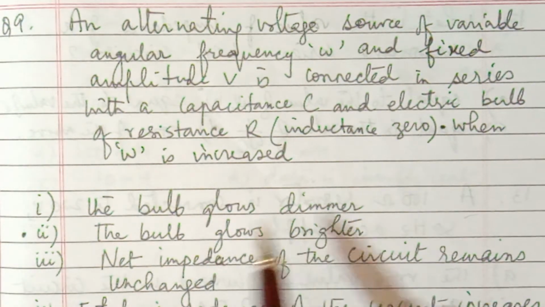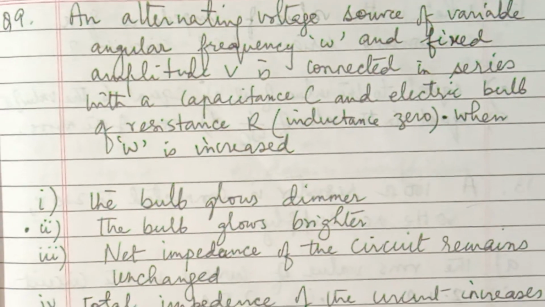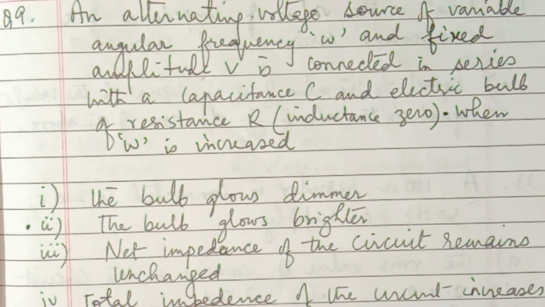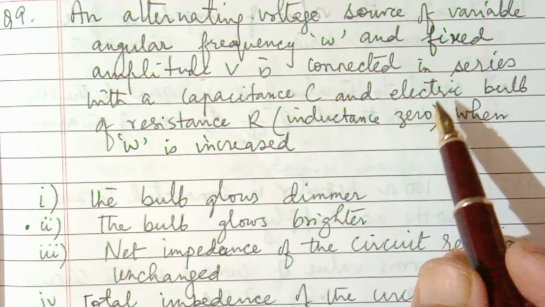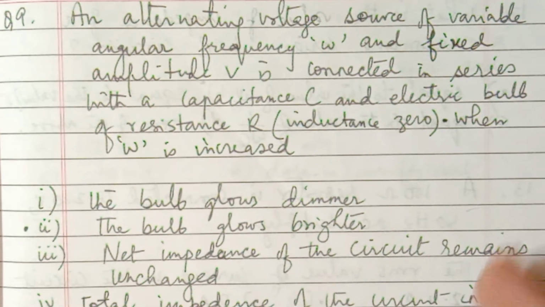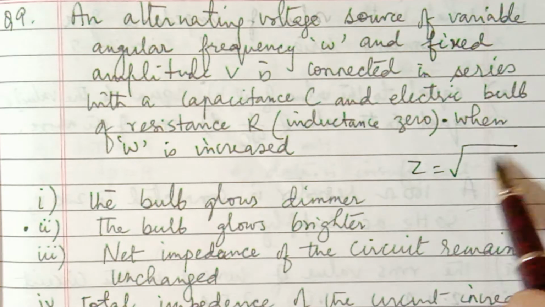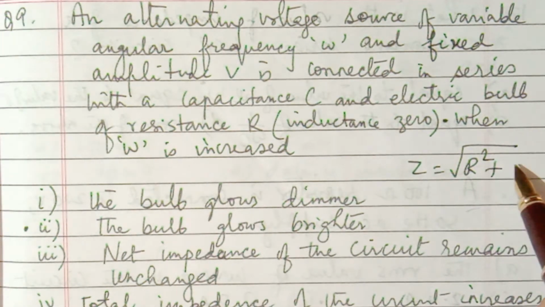Bulb glows dimmer, bulb glows brighter, net impedance of the circuit remains unchanged, total impedance of the circuit increases. Now here what happens, this is capacitance and resistance. So Z will be equal to square root of R square plus 1 by omega C square.